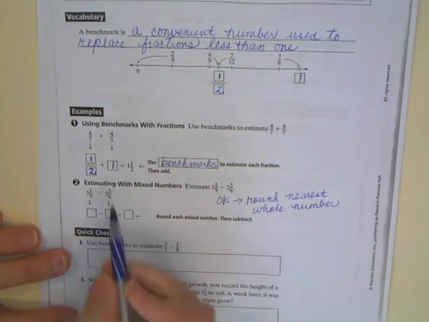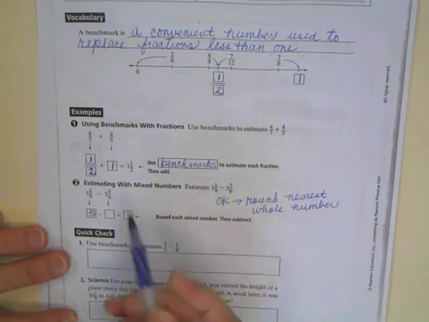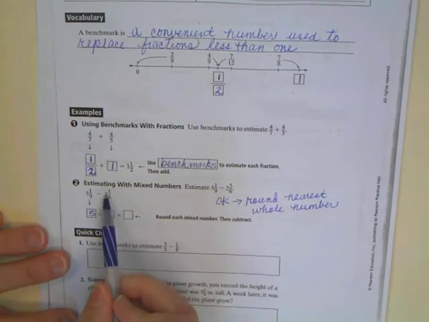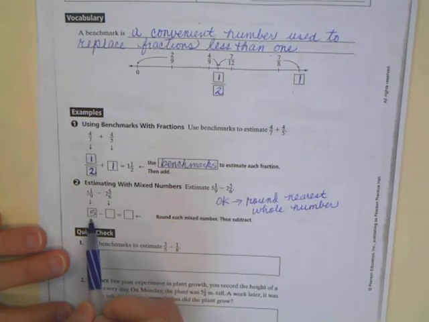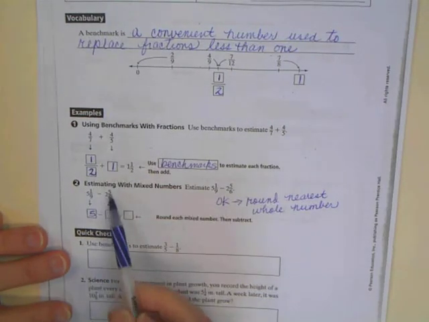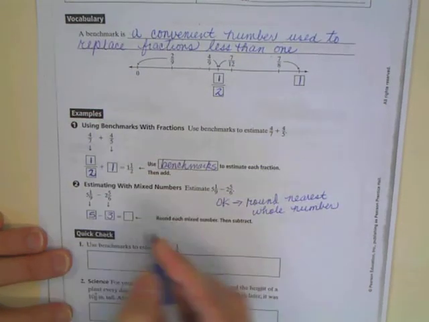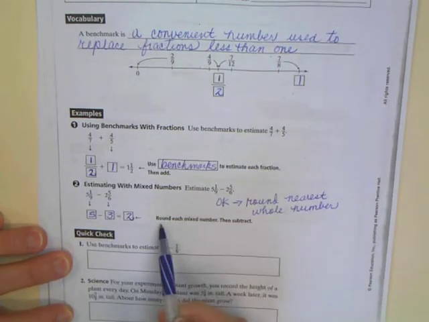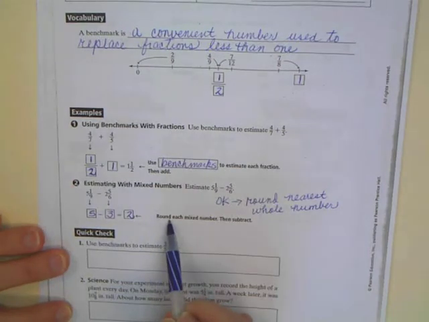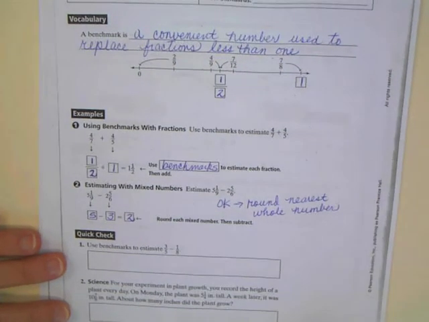So 5 1/9 to the nearest whole number is 5. And then 2 5/6 to the nearest whole number is 3. So 5 minus 3 is 2. Remember, boys and girls, that in estimation you round first and then you add or subtract, multiply or divide.